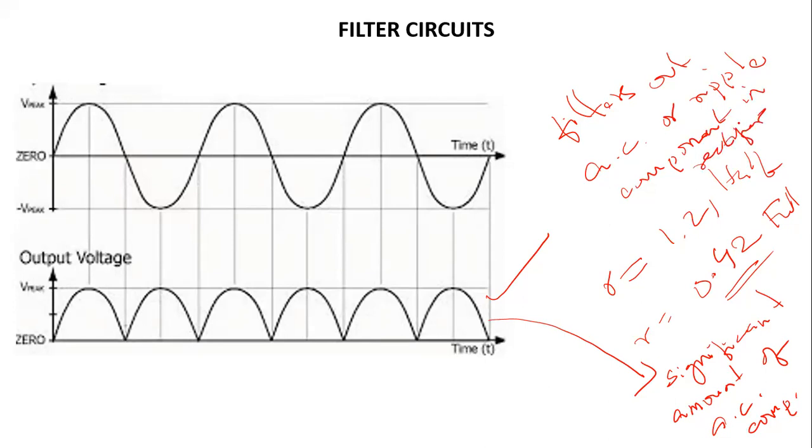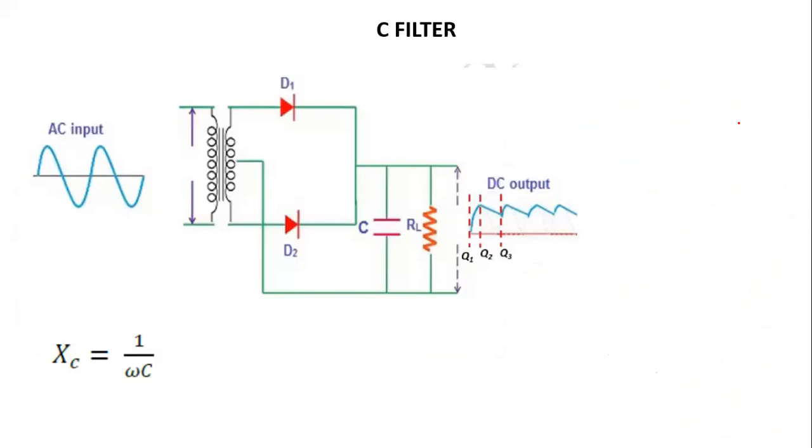So that is what we are going to do, filter circuit. How are we going to filter it out? We can do it using what is called a C filter, using a capacitor connection, and also an inductor connection.